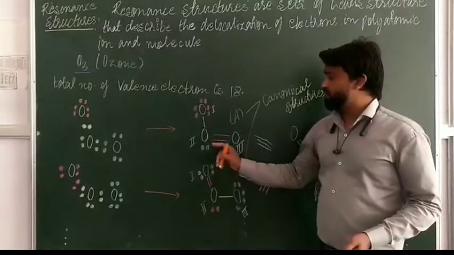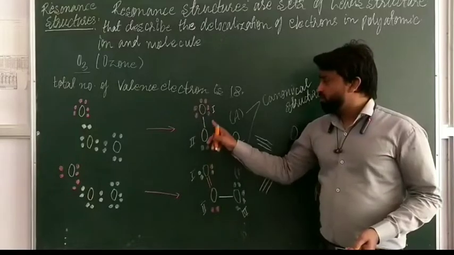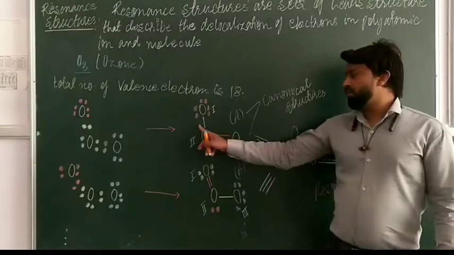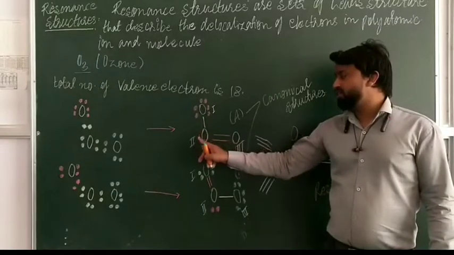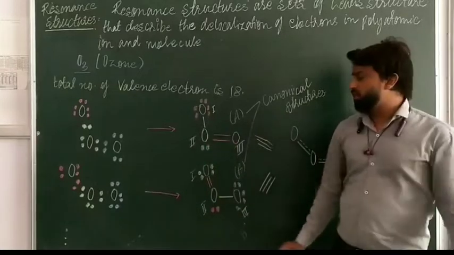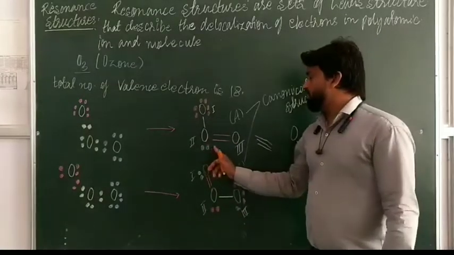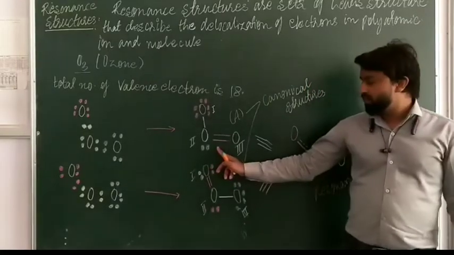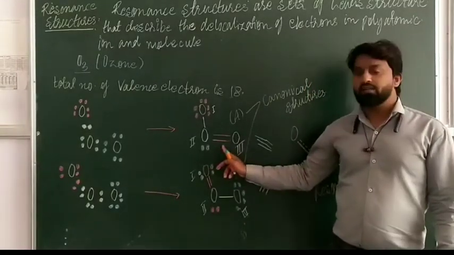If we observe here, in both of these structures there are different values of bond order. In this one, the bond order for the first and second oxygen is 1 because both have a single covalent bond, but for the second and third the bond order is 2 because both oxygen atoms have a double covalent bond.